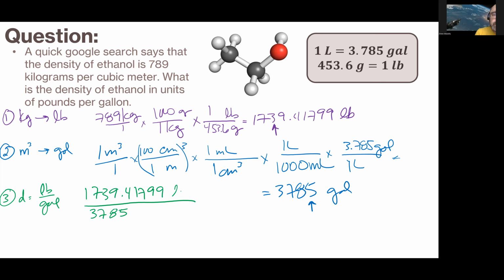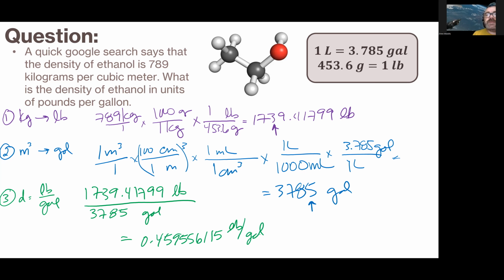That's pounds. Now that's pounds per gallon. And if we divide this number by that number, we get 0.459556115. And this is pounds per gallon.